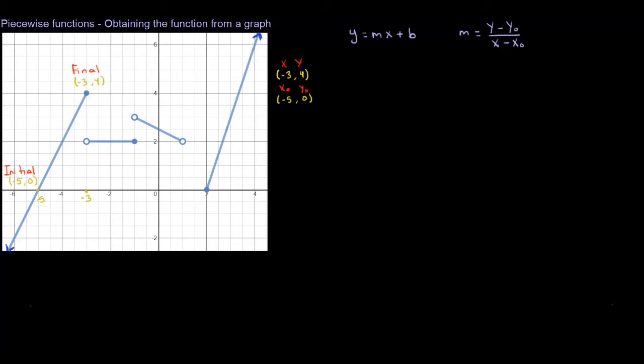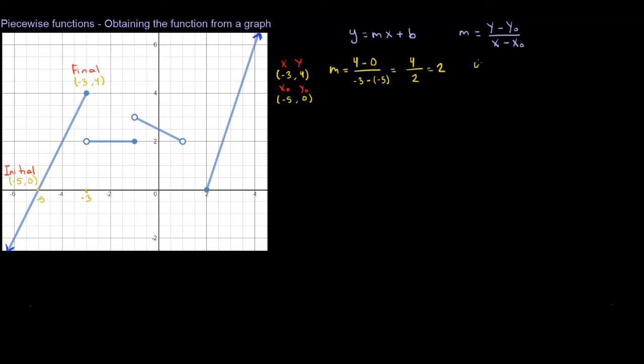Now I'm going to fill in the blanks in this formula. So m will be equal to the final y, which is 4, minus the initial one, which is 0, over the final x, which is -3, minus the initial one, which is -5. So I got 4 over 3 minus -5, which is 2. So the m here will be 2.